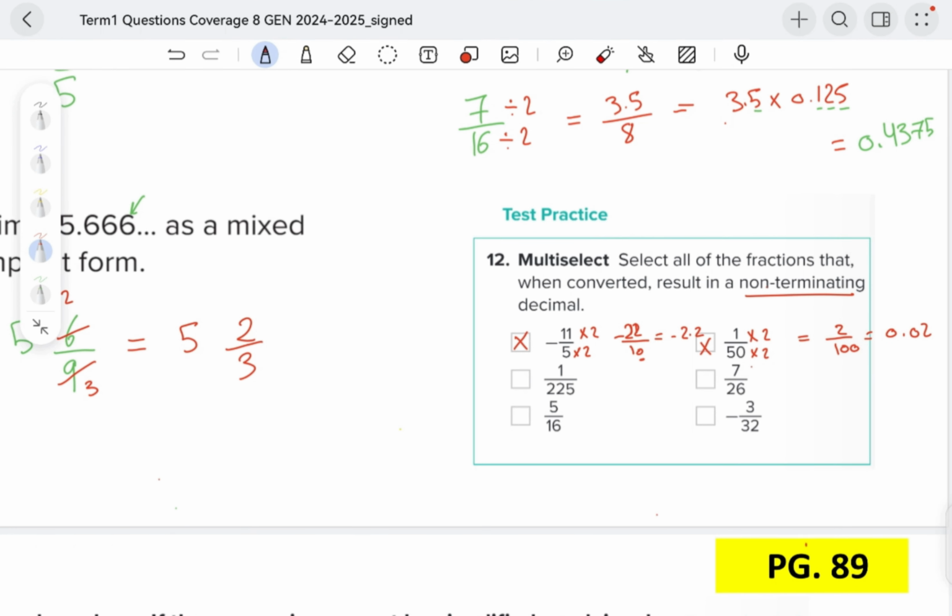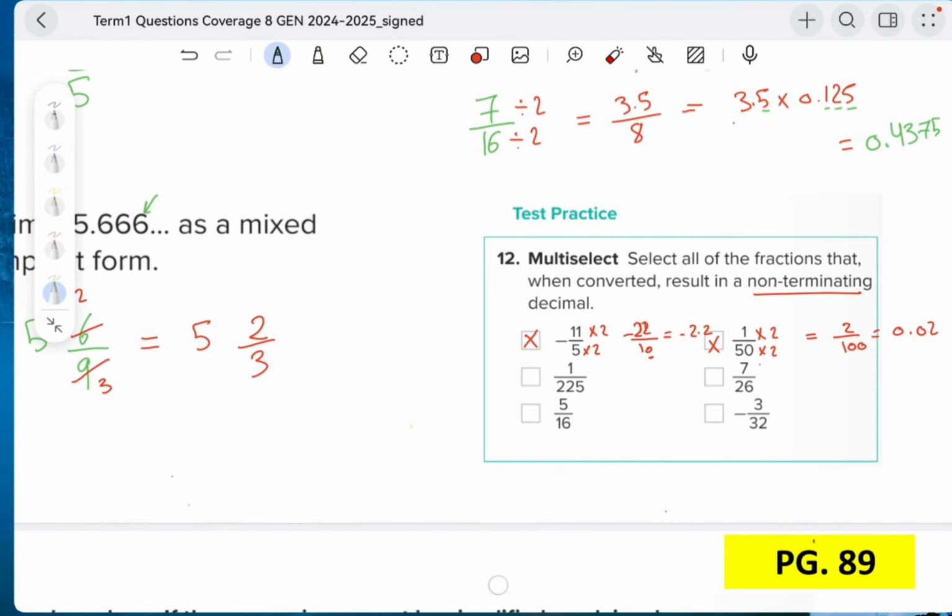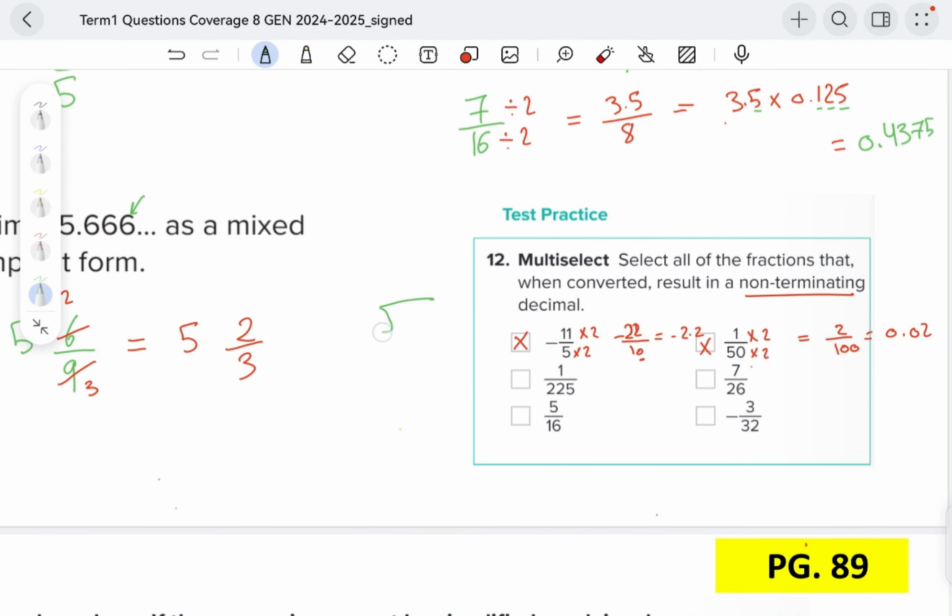Let's try 1 out of 225. Here, I'm going to use the long division. 1 divided by 225. 1 is smaller than 225, so I will put the decimal point and zeros. 1 divided by 225 is 0.